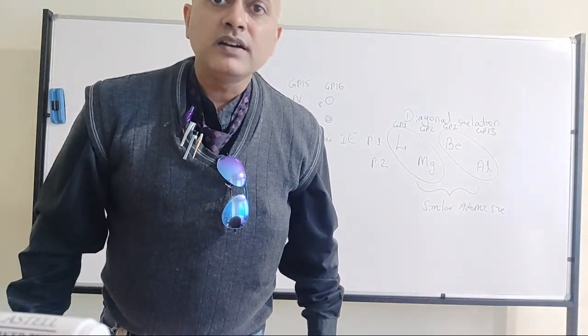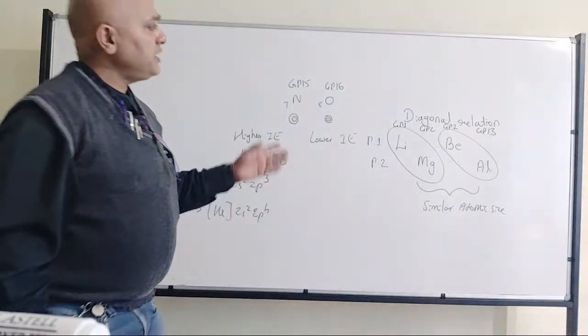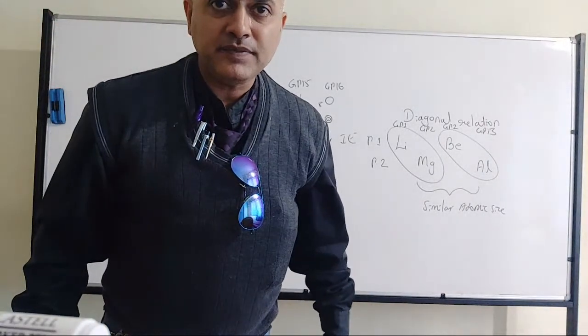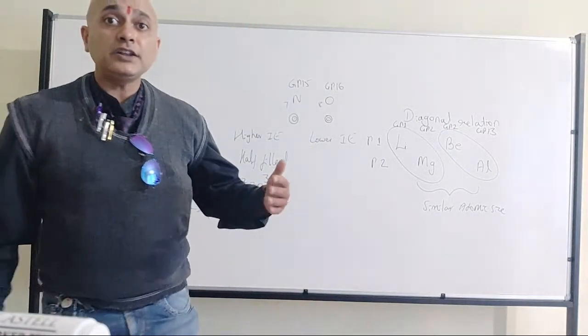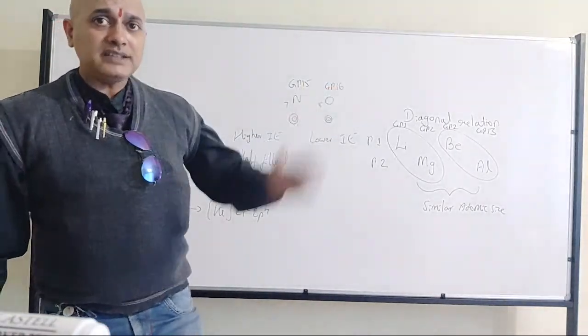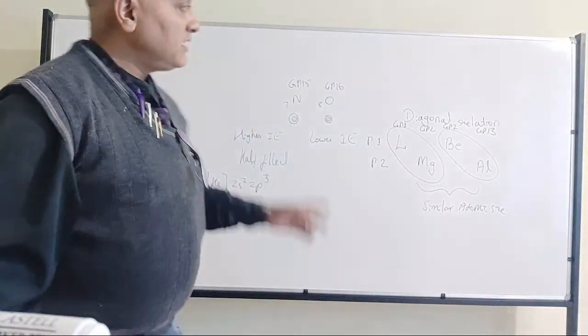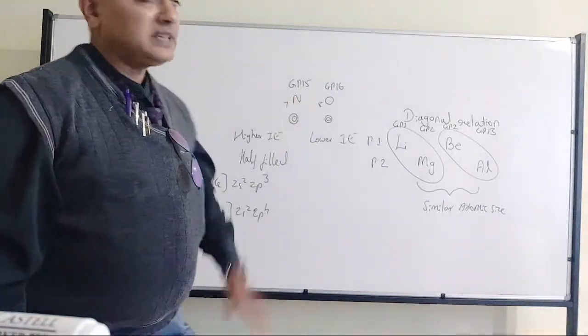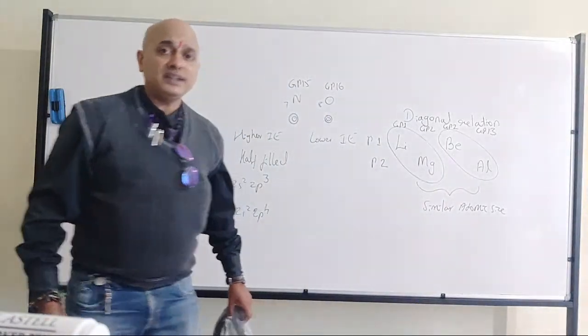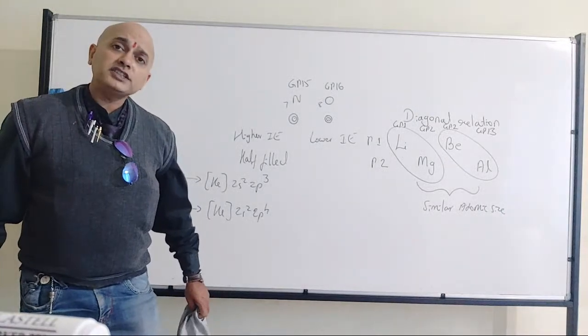Yes, lithium, magnesium, even beryllium, aluminium, all of them are metals only. So these trends are not reproducible in non-metals, and are less reproducible in the next elements. Therefore, I told you these pairs are the best example for diagonal relationship in the periodic table. All of you have understood?